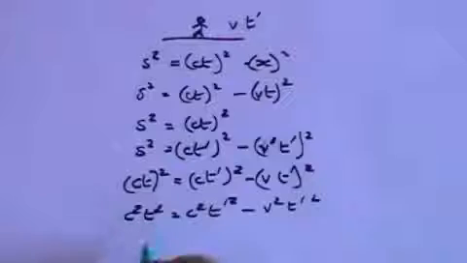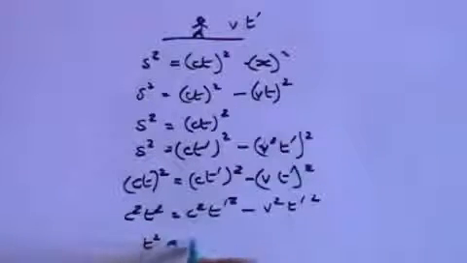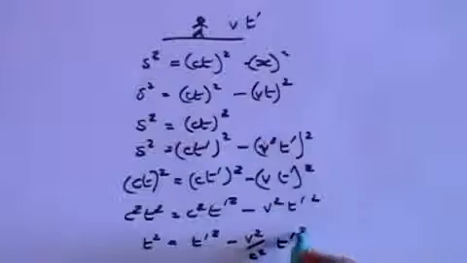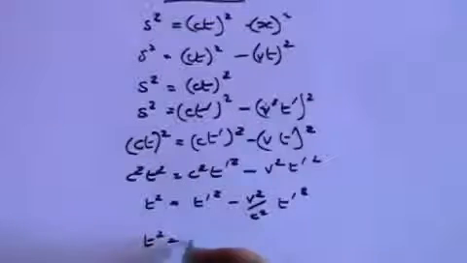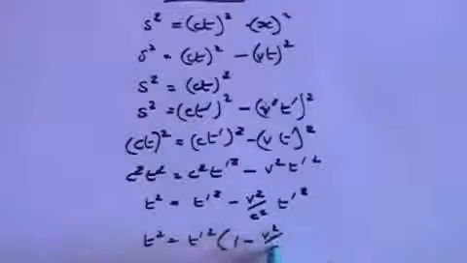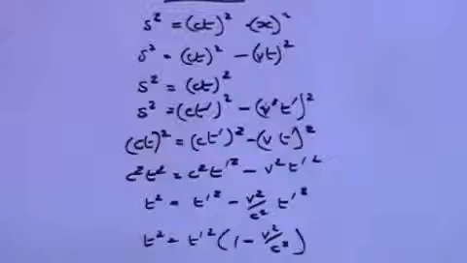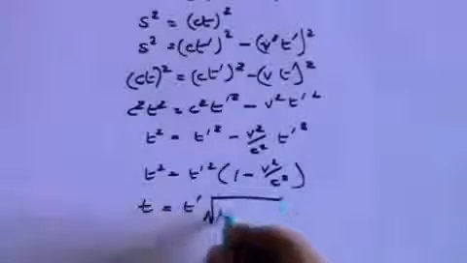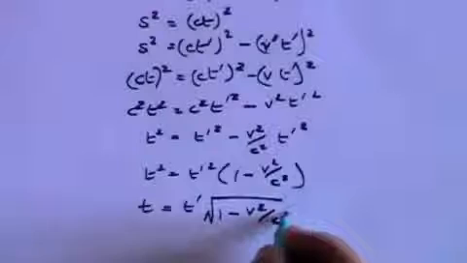Divide through by c squared, we get t squared equals t prime squared minus v squared over c squared t prime squared. Or t squared equals t prime squared into 1 minus v squared over c squared. And taking the square root, we get that t equals t prime into the square root of 1 minus v squared over c squared.